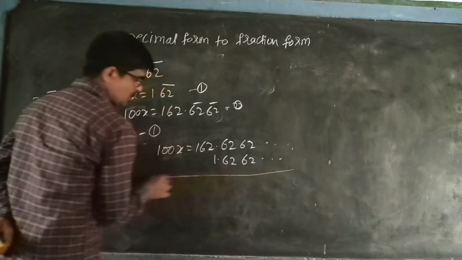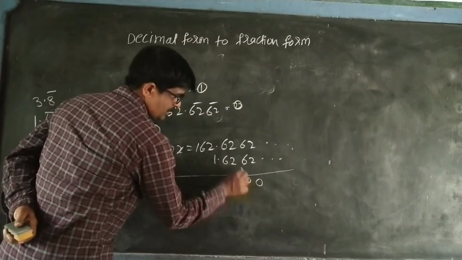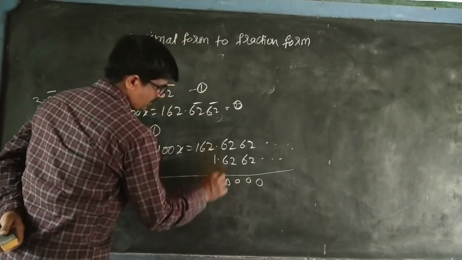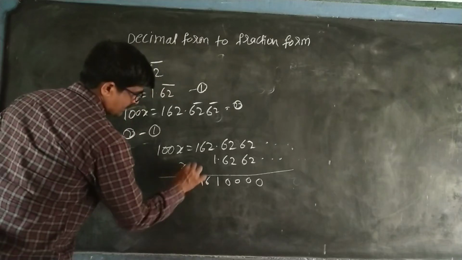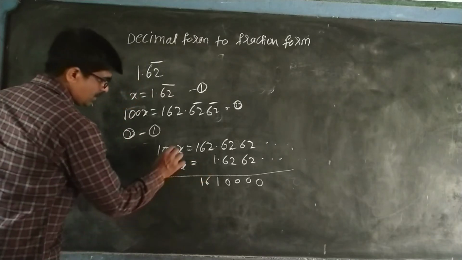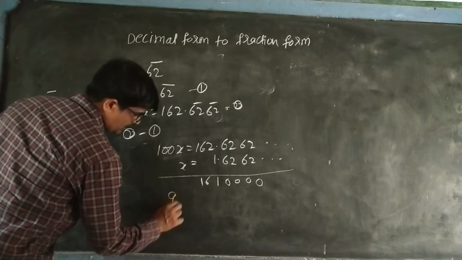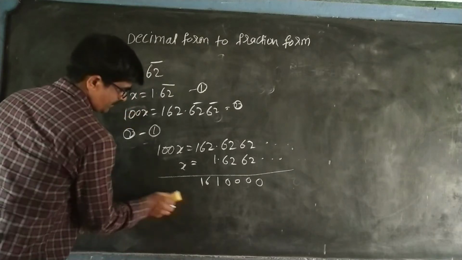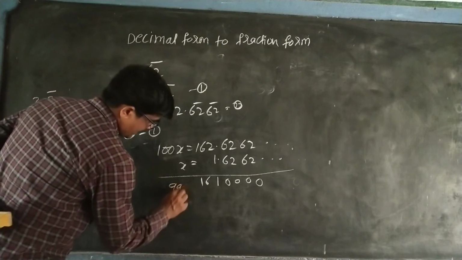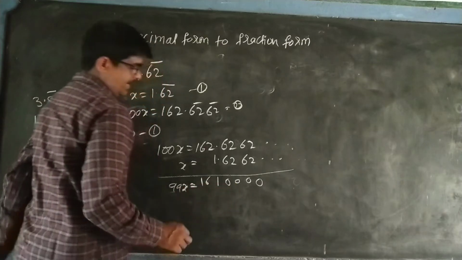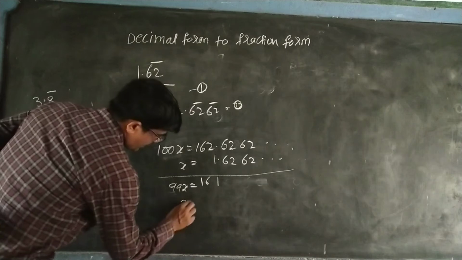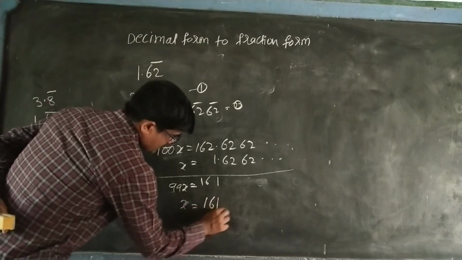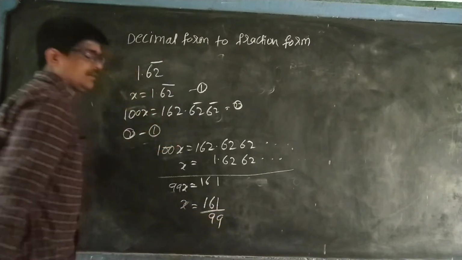Subtract, and we get zeros only. 100x minus x is 99x. 99x is equal to 161, remaining all are 0 only. Therefore, x is equal to 161 by 99.